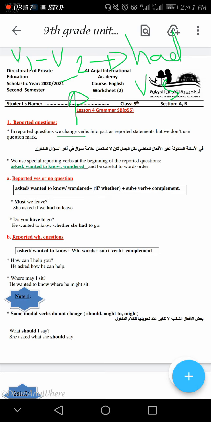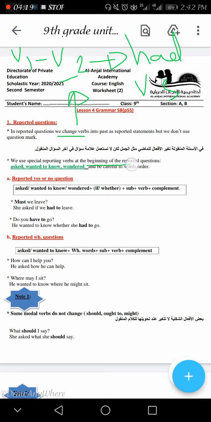في الأسئلة المنقولة نغير الأفعال للماضي. قصده بالماضي من الزمن للأقدم منه، سواء كان verb 2 بيتحول ل had verb 3. وفي نهاية reported we don't put question mark. خرجنا من نطاق question. So we use special reporting verbs at the beginning of the question.